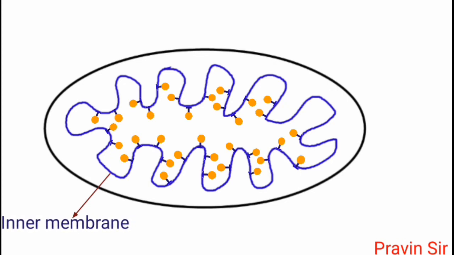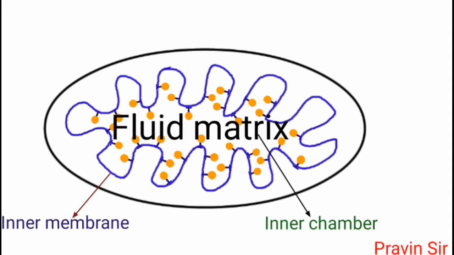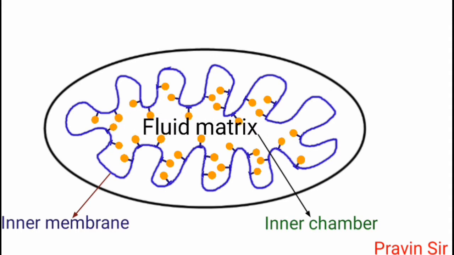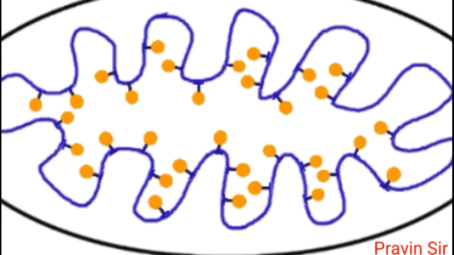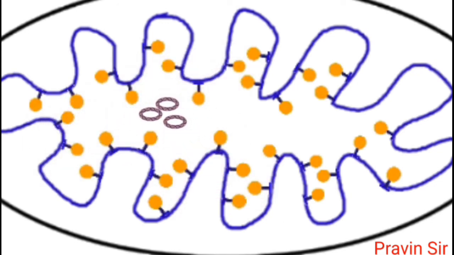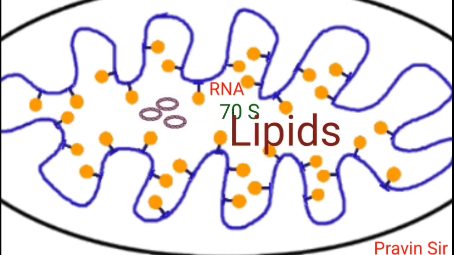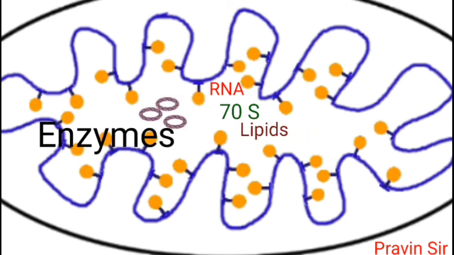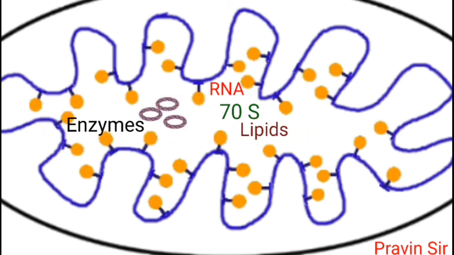The inner membrane encloses a cavity called the inner chamber containing a fluid matrix. The matrix contains a few coils of circular DNA, RNA, 70S type ribosomes, lipids, and various enzymes of the Krebs cycle and other pathways.